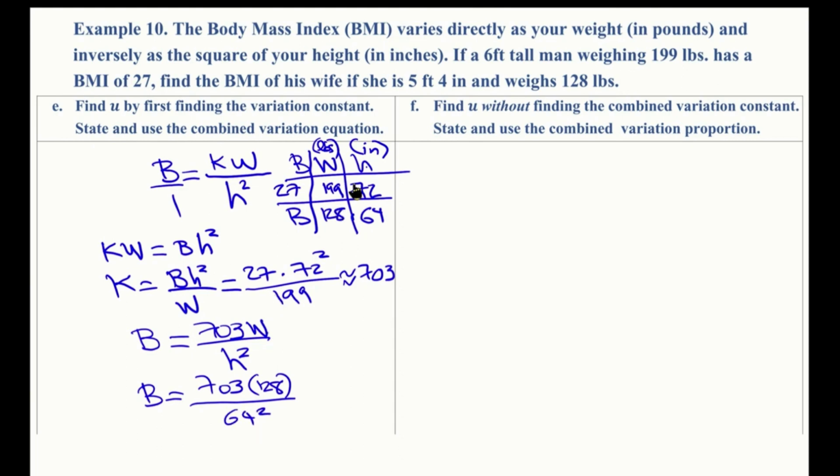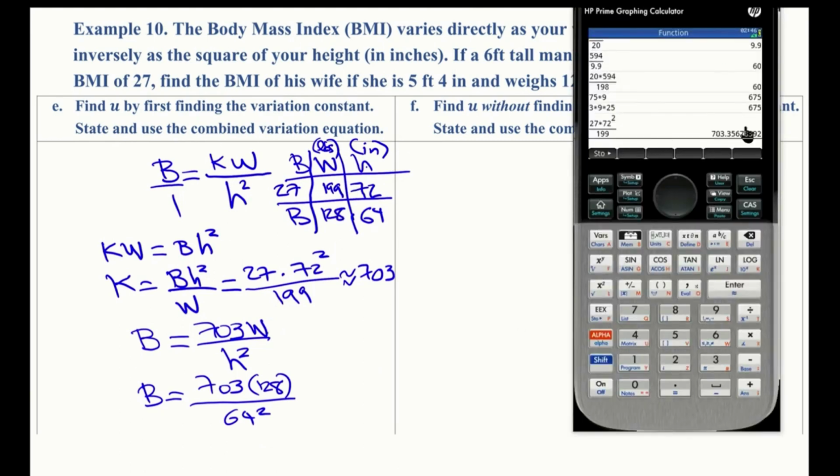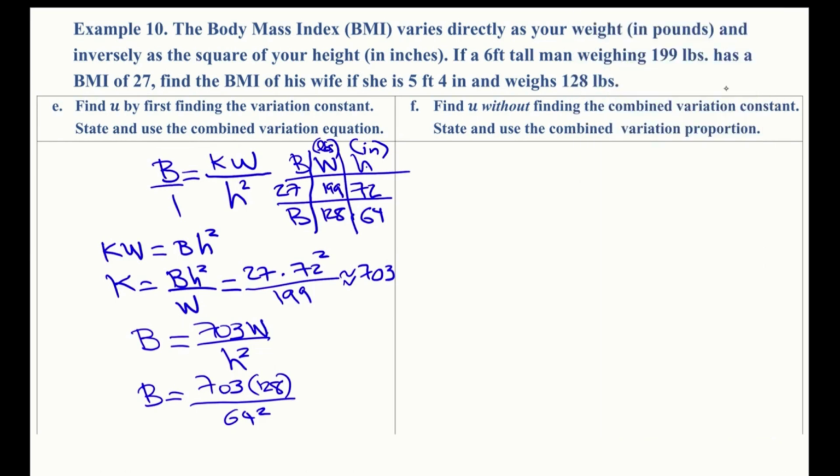So if we really want to be accurate, we should take maybe a few more of these digits. So let's take at least two places. So 703.36, just for better accuracy. So let's go with 703.36 times weight, which was 128. Let's try that.